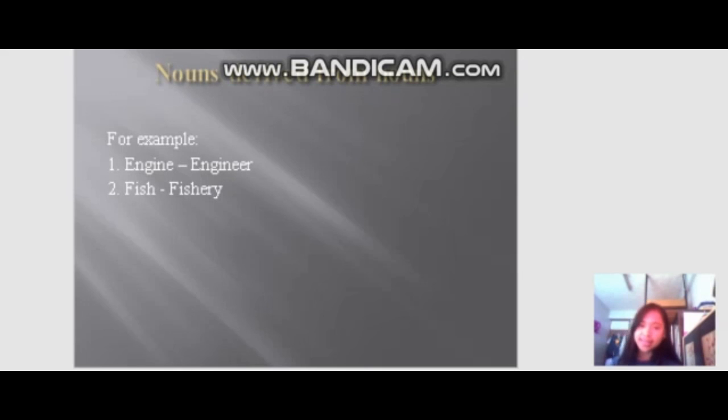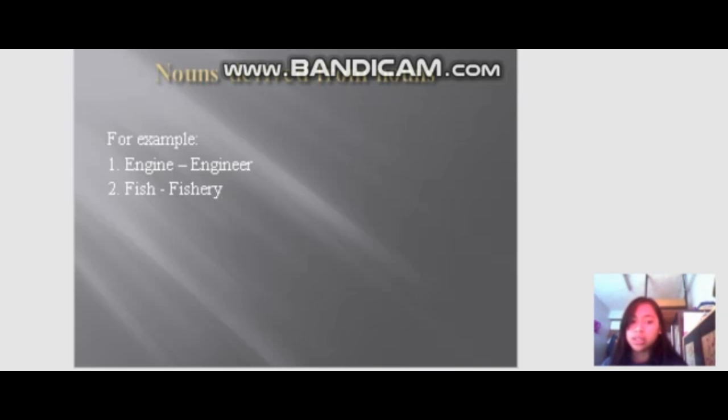Okay, next, nouns derived from nouns. For example, engine and engineer. Second is fish and fishery. So engine is a noun and engineer is derived from a noun. Here we can see that from a thing it turned into a profession.